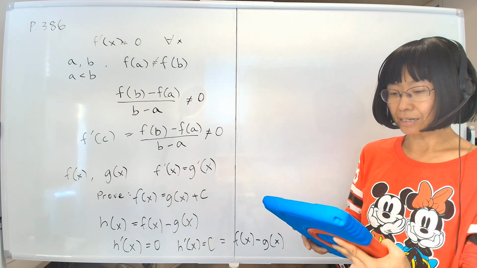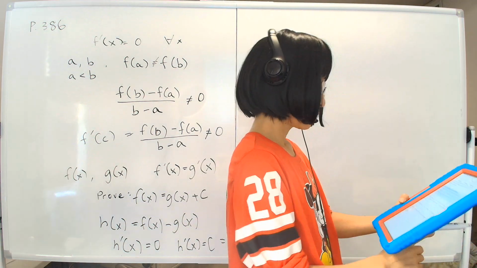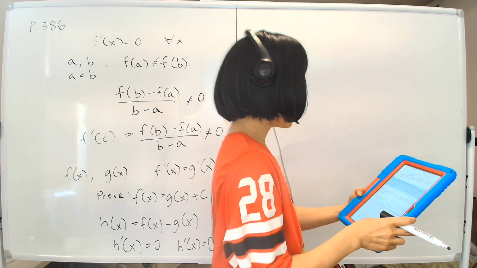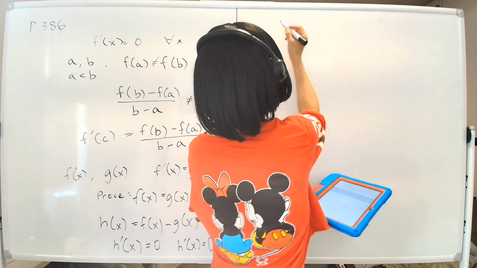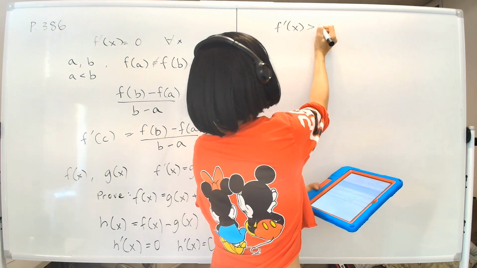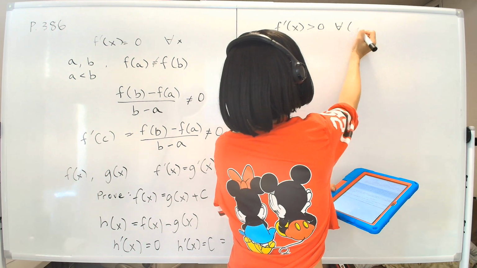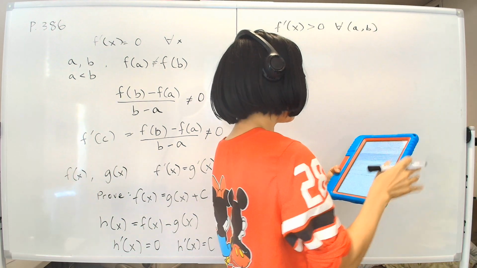All right, so let's look at that. To summarize, what we're trying to prove is, given that f prime is bigger than 0 for all of the interval [a, b], then f is increasing.